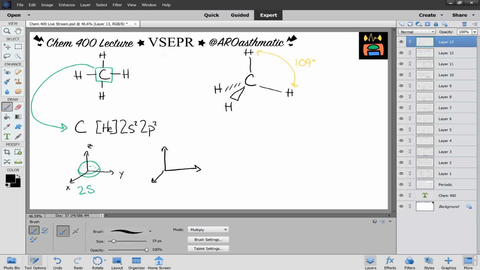We have the pz, which is oriented along the z-axis. Here's our pz orbital. We have py, whose orientation is directly along the y-axis.